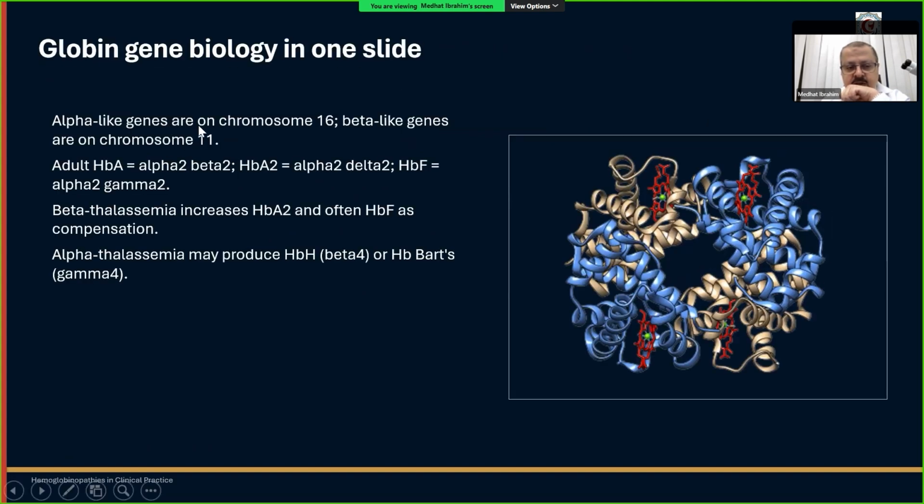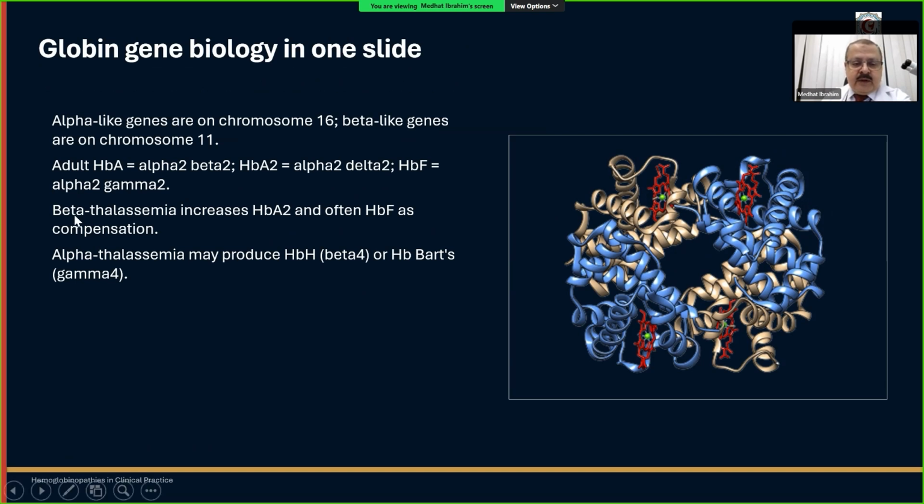As I said, the alpha-like genes lie on chromosome 16, and the beta-like genes lie on chromosome 11. Adult hemoglobin A consists of 2 alpha and 2 beta, hemoglobin A2 of 2 alpha and 2 delta, and hemoglobin F of 2 alpha and 2 gamma, and these are the only normal hemoglobins present in adults.